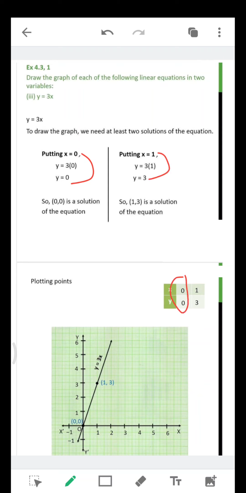So I have taken the points here in tabular form, and 0, 0 comes on the origin and 1, 3 comes here. Then after plotting this, I'll join it and I'll get the line in this way.